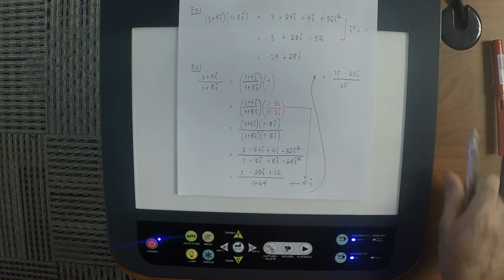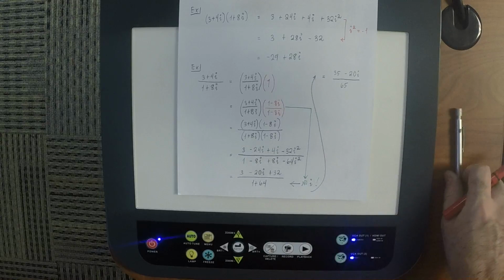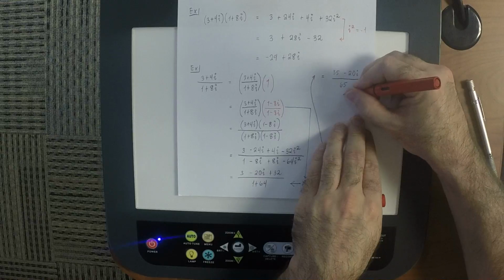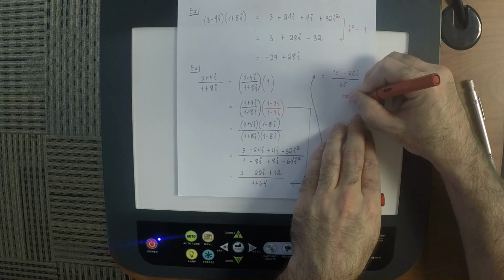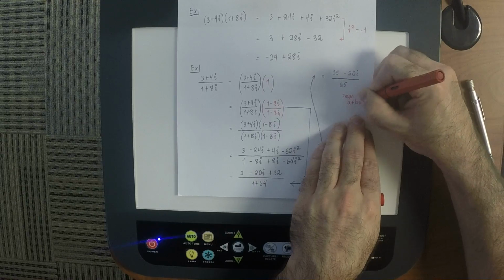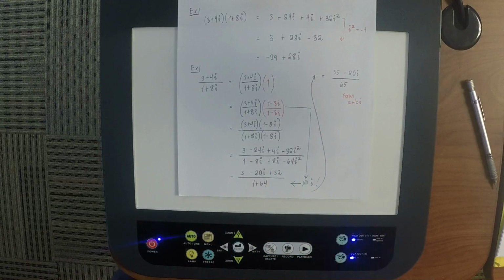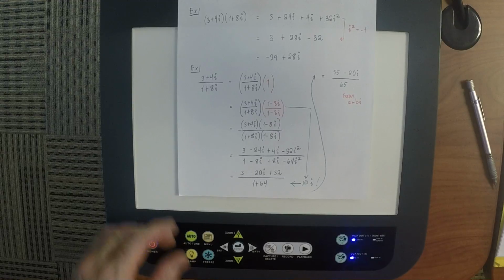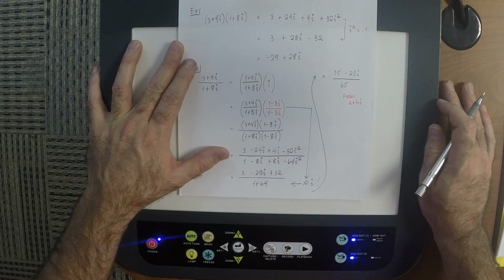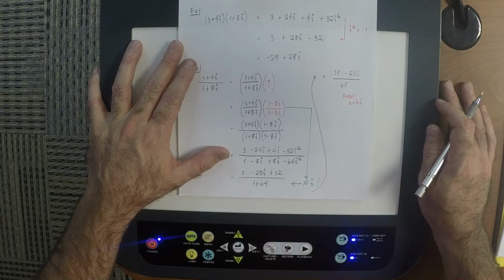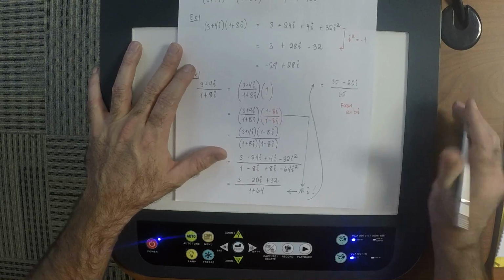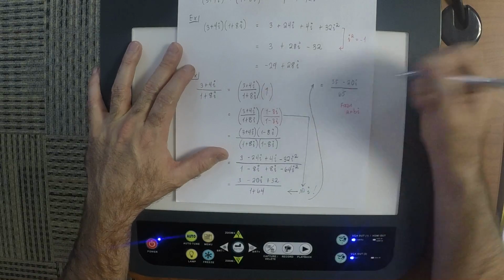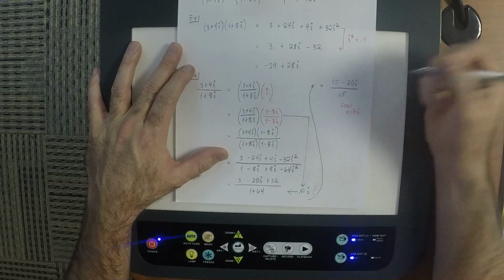So now, on such exercises, the request is always to give your answer in the form a plus bi. So is it presently in that form? Not quite, right? So how do we get it to be in that form? What do we have to do? Well, we'll do 35 over 65 and this over 65.